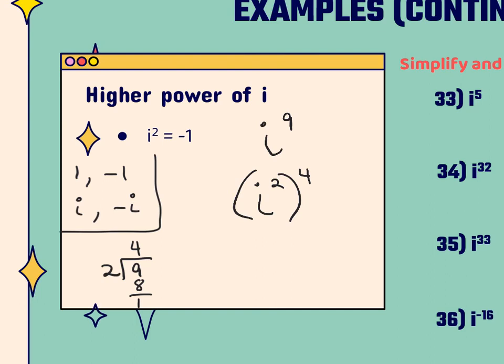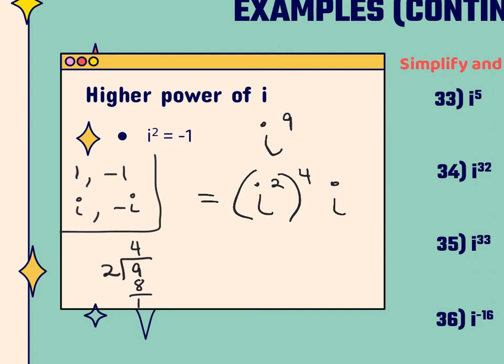So it's the power to the power. Because remember, when you raise a power to a power, you multiply. So this is really i squared to the 4th power, and then we had the 1 i that was the remainder that was left over. So I've just changed this problem, i to the 9th, into an equivalent form.